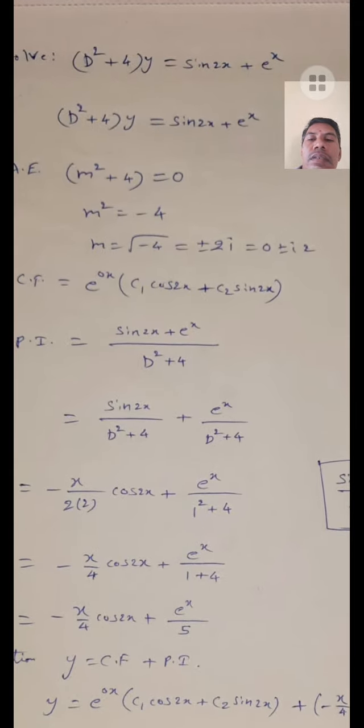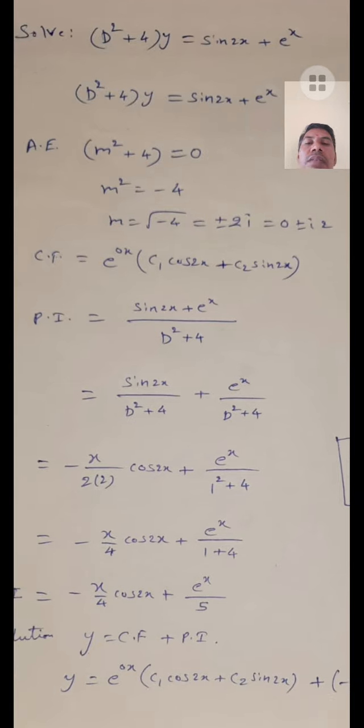That means CF is e power alpha x into C1 cos beta x plus C2 sin beta x. This involves complex numbers, so the solution is changed a little. Next PI. In the PI, the right side has sin and e power, so for both we have to find PI, and the procedure for each is different.